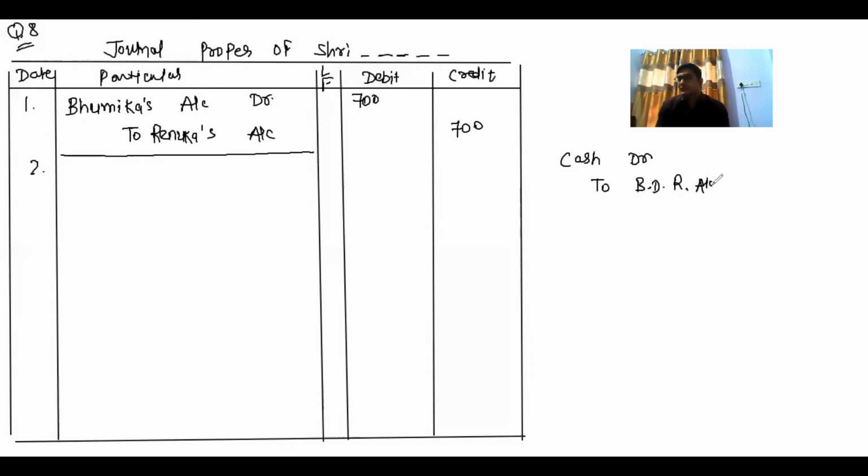But here it was wrongly credited to Updesh account. So now instead of cash, we have to debit Updesh account. So Updesh account debit to bad debts written off account. Amount 1,000.